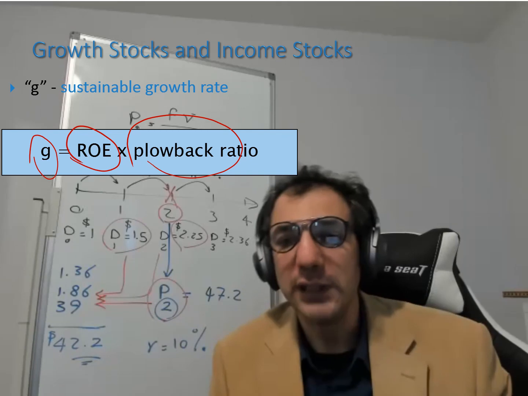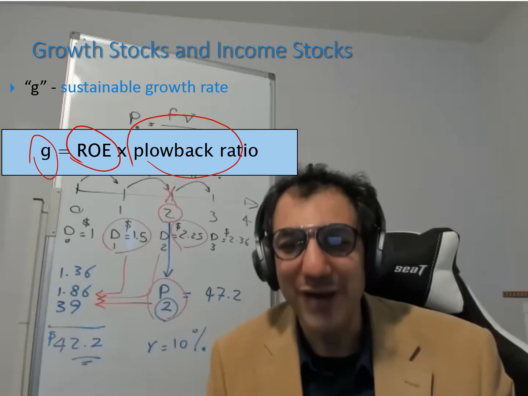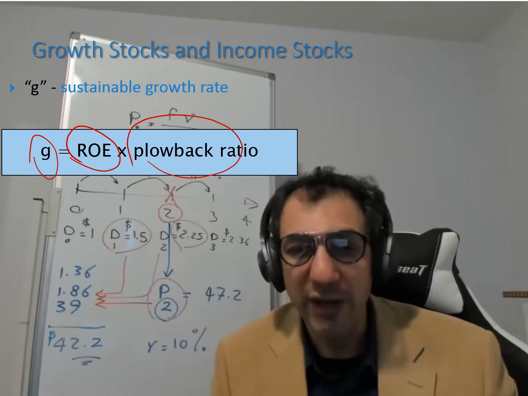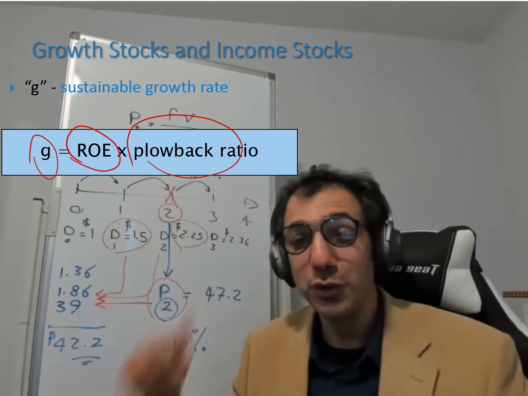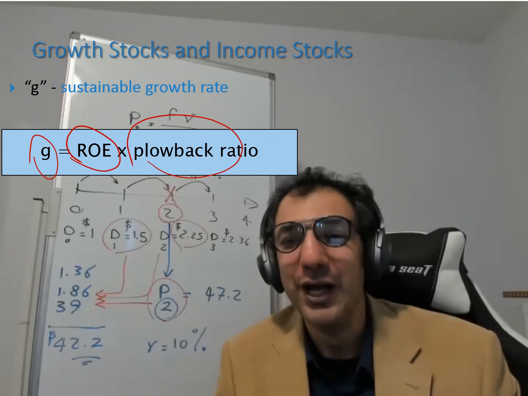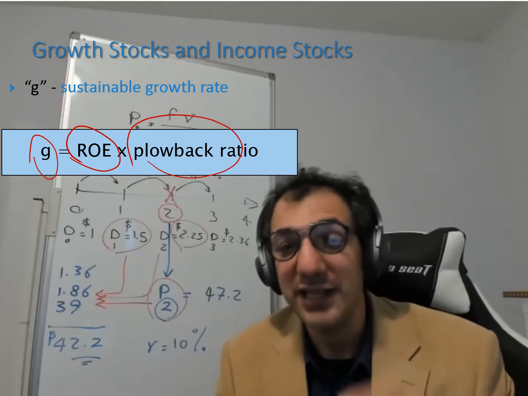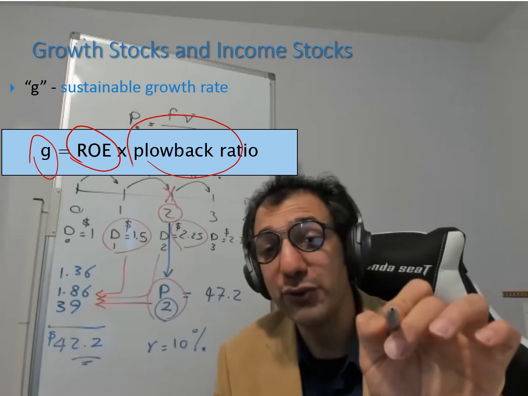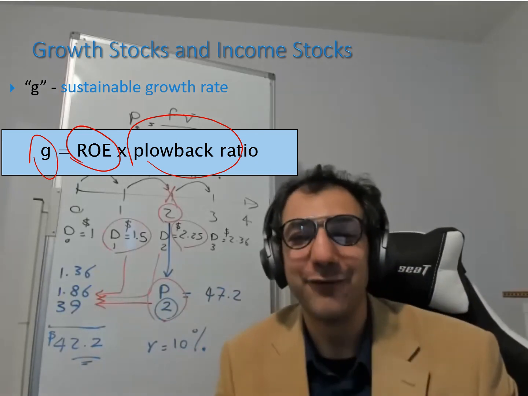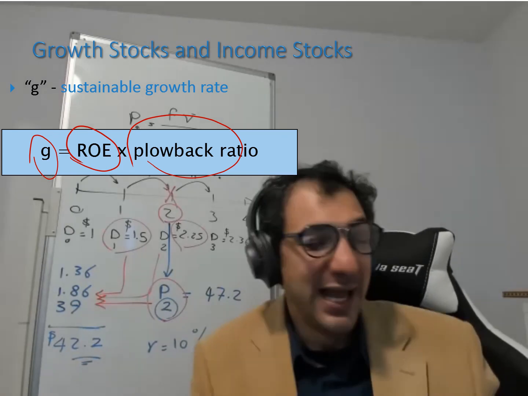This formula is called the sustainable growth rate. That's one way you can estimate the growth rate, and you can use this number in the Gordon formula to find the present value of all these future dividends. That's the appropriate growth rate you can use to find the future dividends, and based on that find the current stock price. That's it for today.